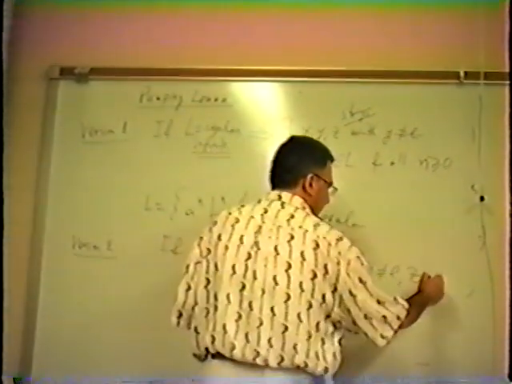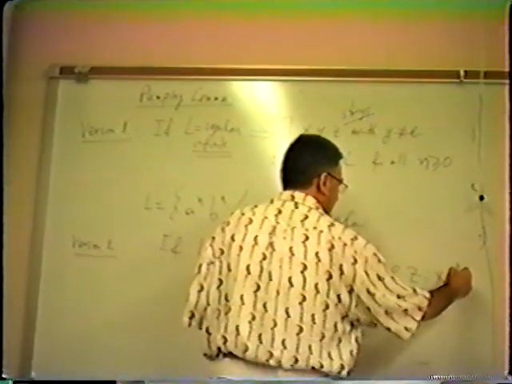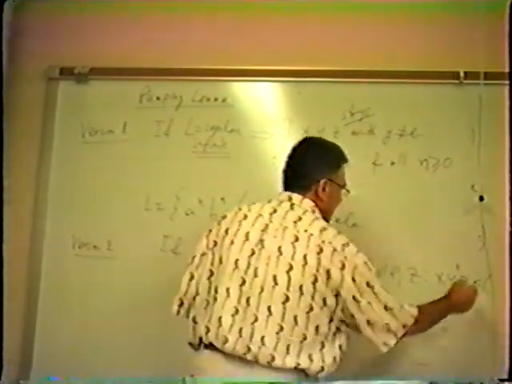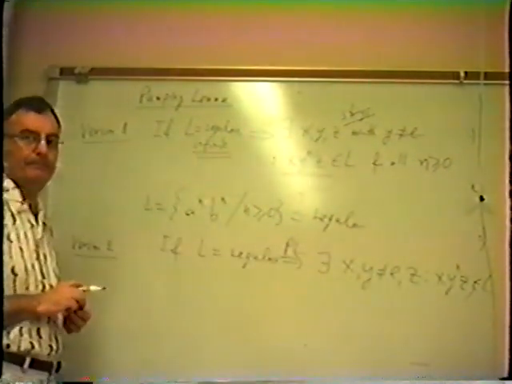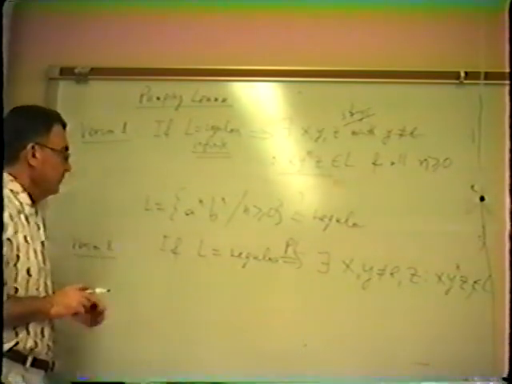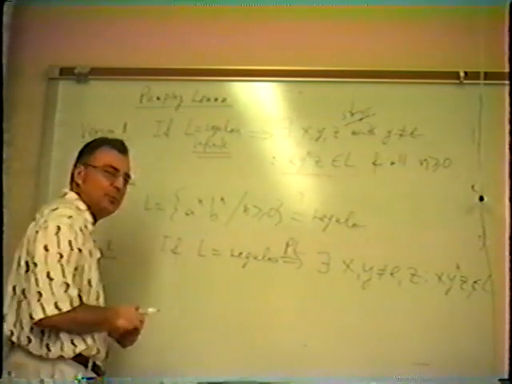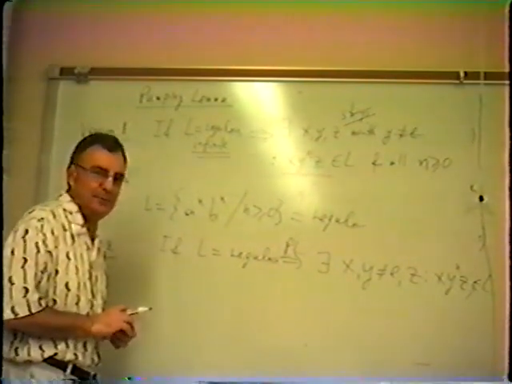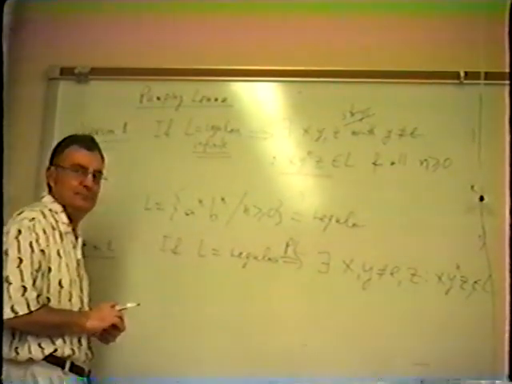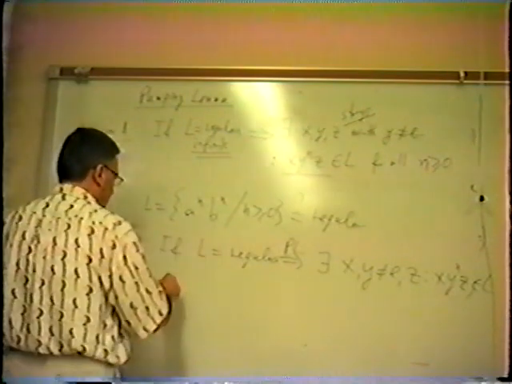And with the property that you're always in the language, no matter how many times you pump y. So if this was regular, you can find x, y, z. Now, let's concentrate on what the value of y could be then.